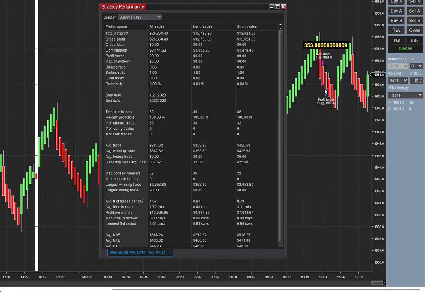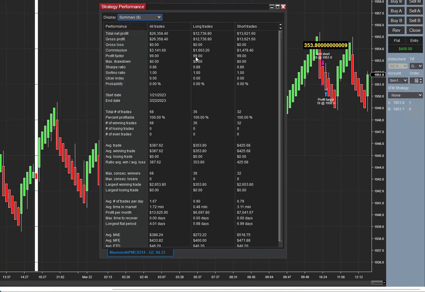Now, in rare cases, after a signal you have a reversal bar. In the last 60 days, we don't see a reversal bar happen right after the signal. This is the signal bar, and you see this third bar is a reversal bar. It's very rare.